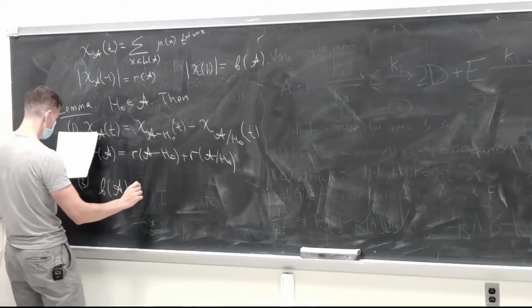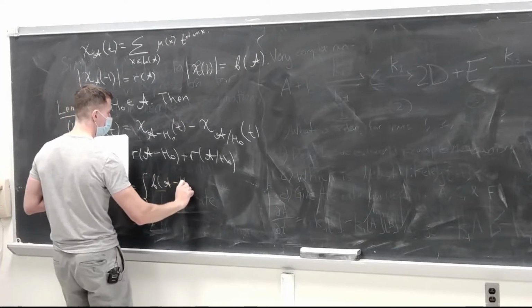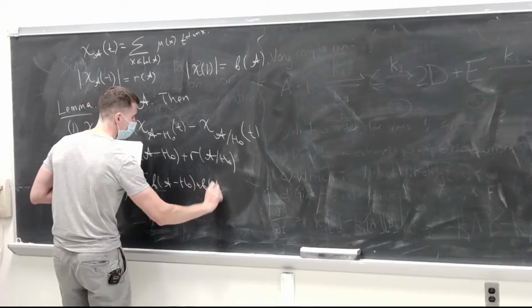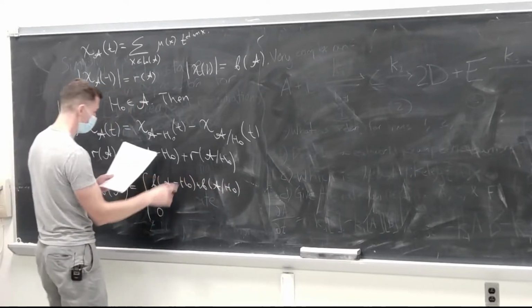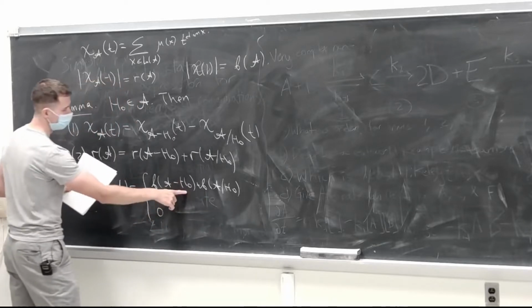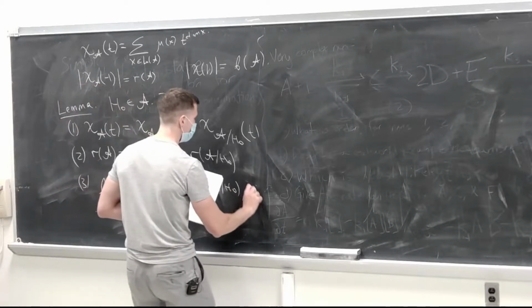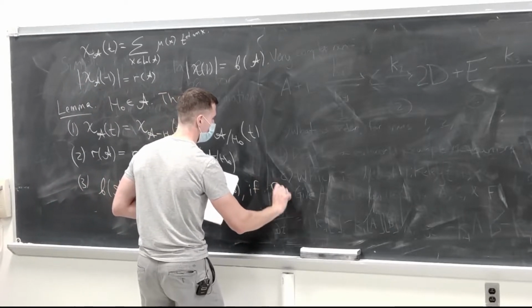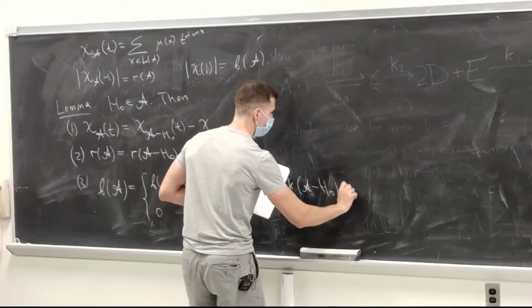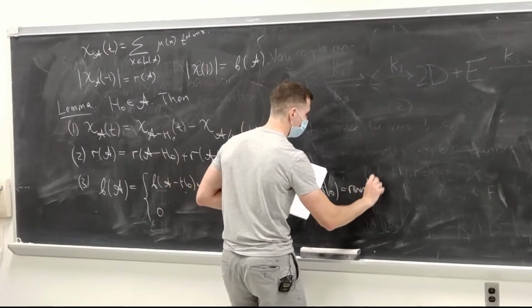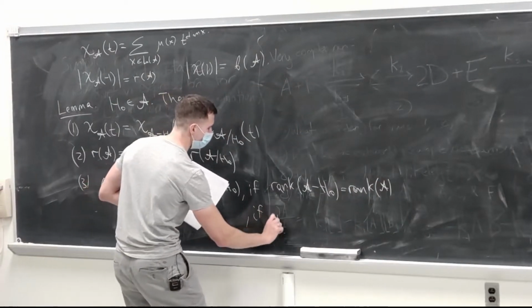It's either the sum of the two or 0: the sum of the two if removing the hyperplane does not change the rank of your arrangement, that is, the rank of A minus H0 is the same as the rank of A, and 0 if this rank is different.